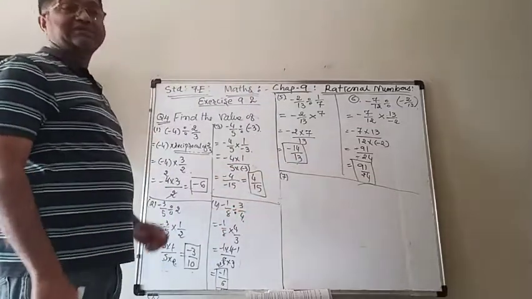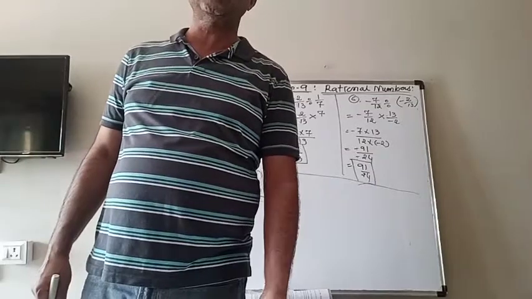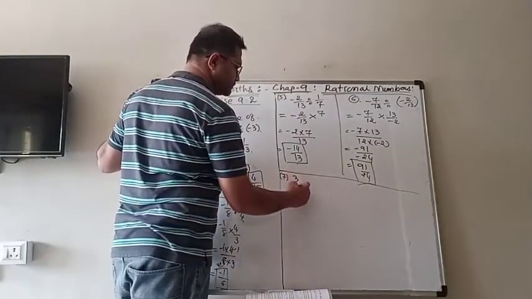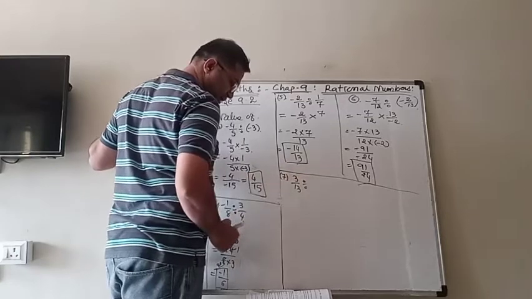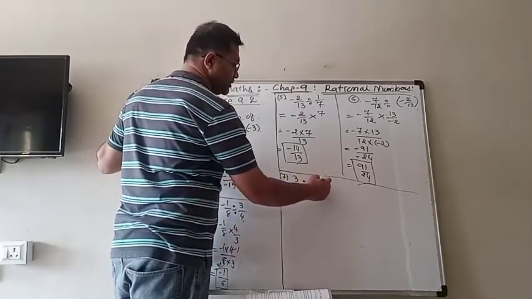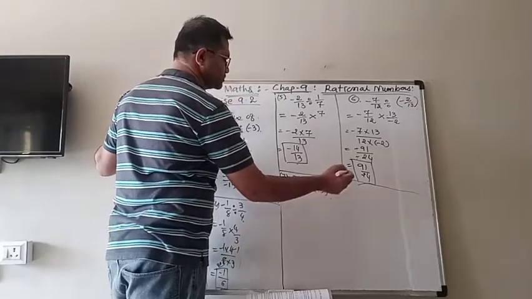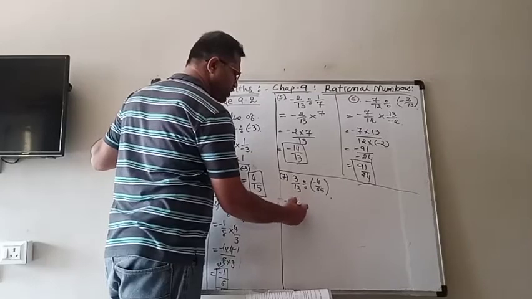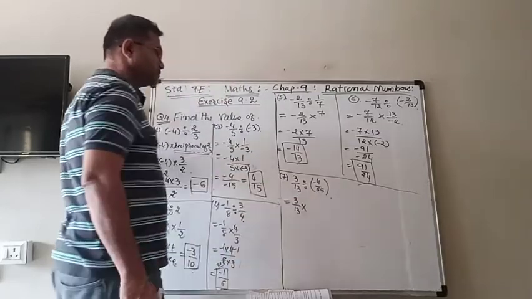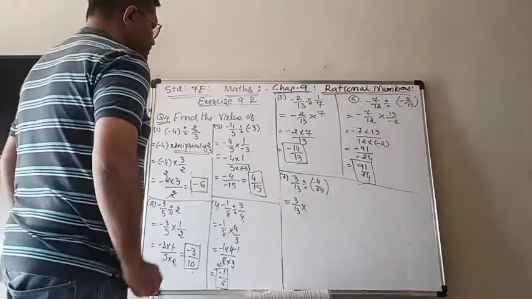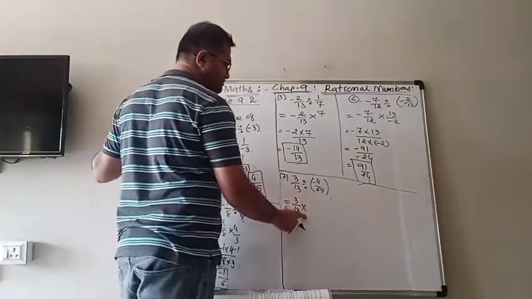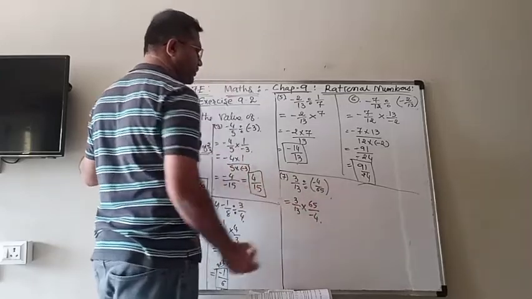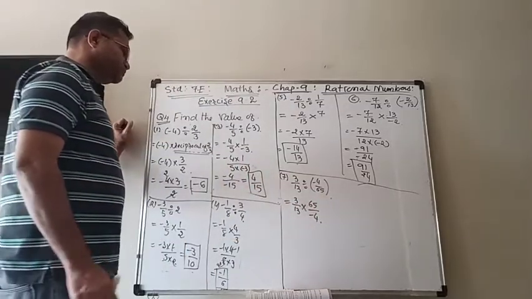And the last sum now, we are going to do the last sum. 3 upon 13 divided by minus 4 upon 65. So here 3 upon 13 as it is, and then in place of division, multiplication and reciprocal of it is 65 upon minus 4.